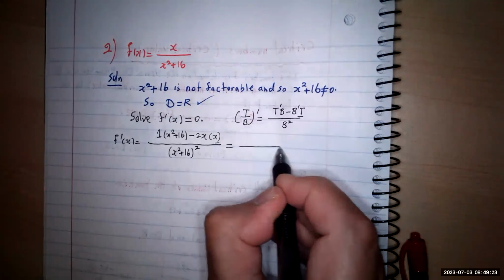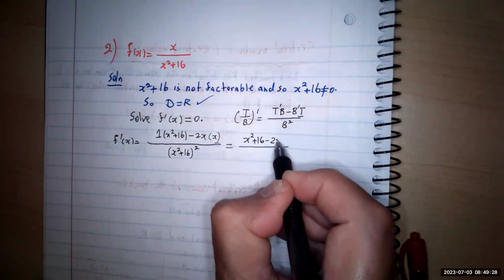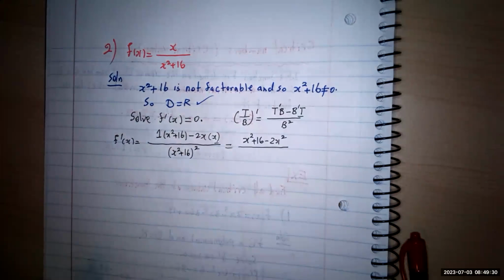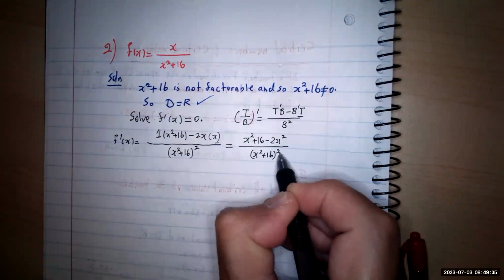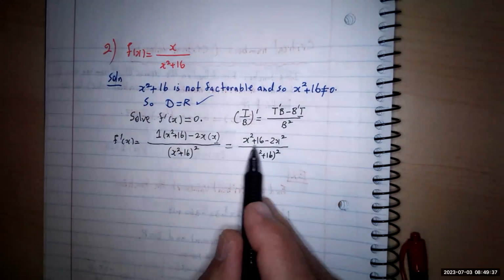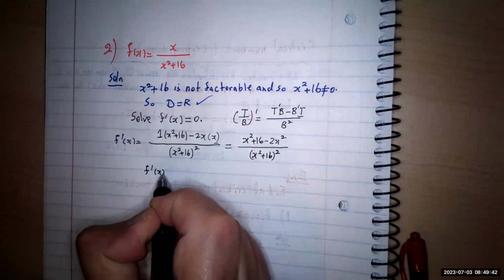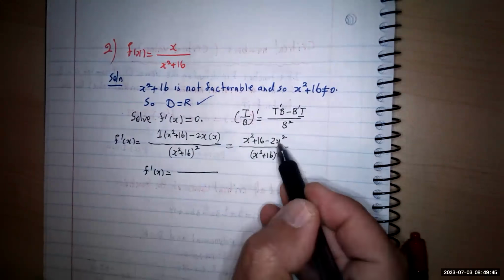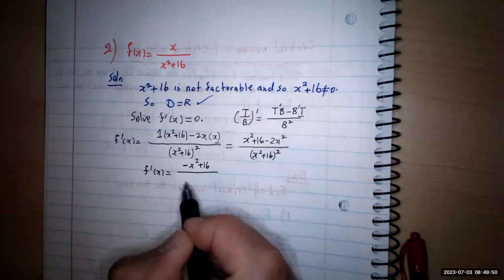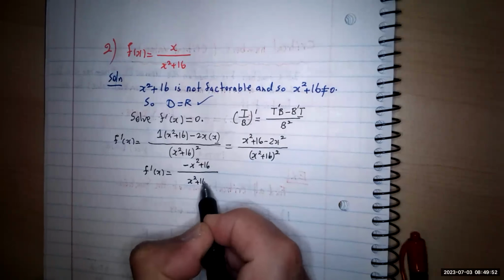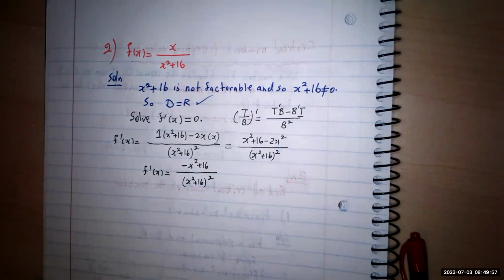That gives you x squared plus 16 minus 2x squared, divided by x squared plus 16, all squared. Combine the like terms on the top and you arrive at f prime of x equal to negative x squared plus 16 divided by x squared plus 16 all squared. That's it. That's the derivative. Any question?